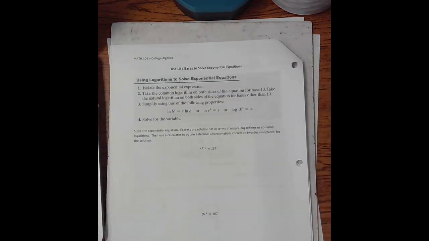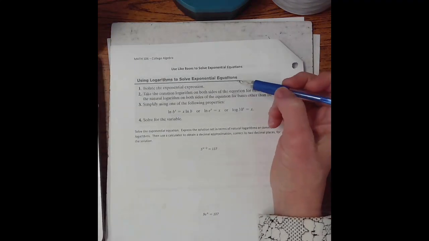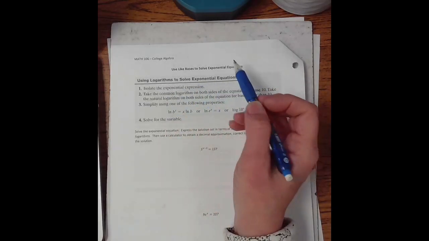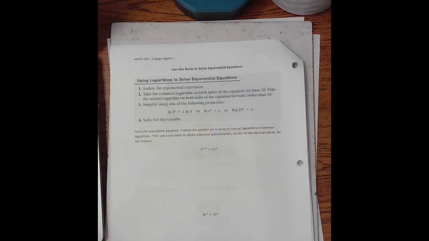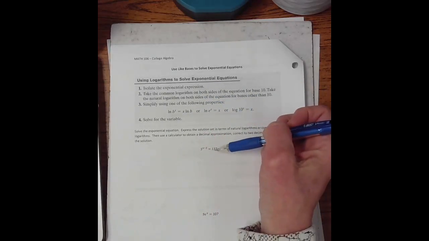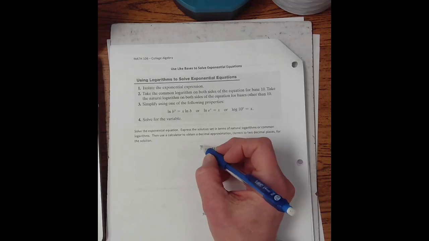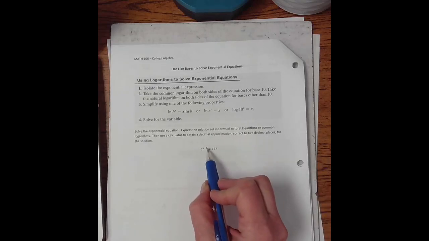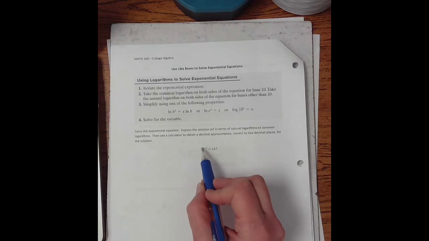The second type of property that we have is that we'll isolate the exponential expression. So we're going to use logarithms to solve the exponential equations. Our steps are that we're going to isolate the expression that has the variable in it. In the case of my first example, when I have 5 to the x minus 3 power, it's already there.